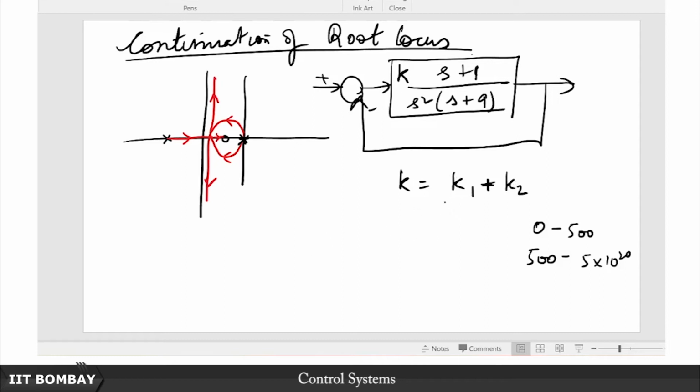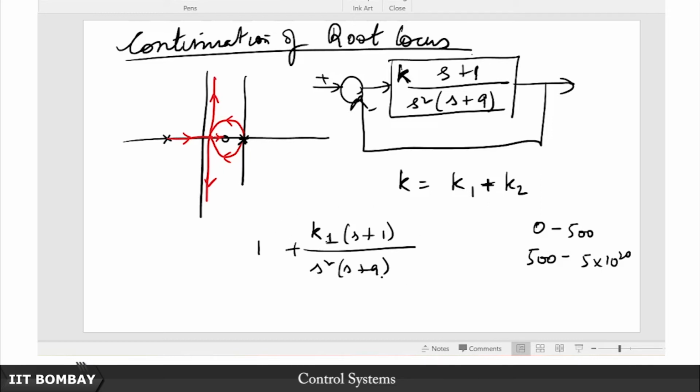So if I am continuously changing K1, what is essentially happening? I keep changing K1, and at some point the roots change. Consider 1 plus K1 times (s plus 1) by s squared times (s plus 9), and consider this to be your nominal equation.